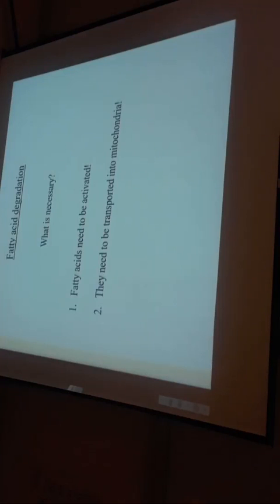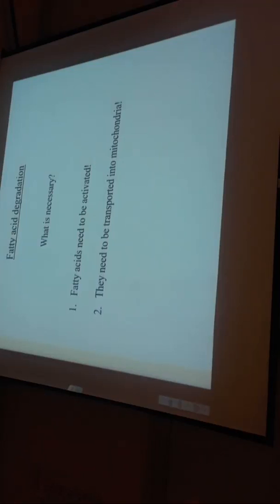So these are the two challenges that we are facing. We need to activate the fatty acids, okay, link them to coenzyme A upon taking them up to the cytosol, and then they need to be transported to the mitochondria. You may think, okay, that's relatively straightforward. Yes, in a way it is, but again, it's not that easy.